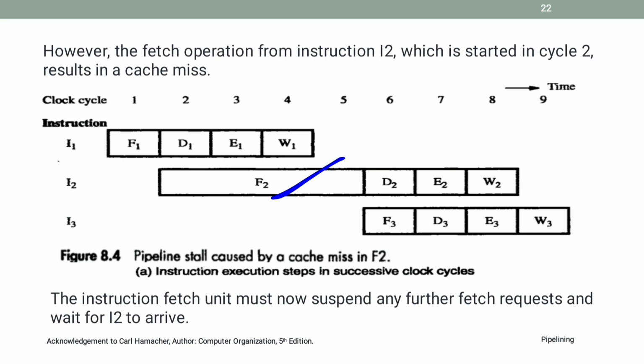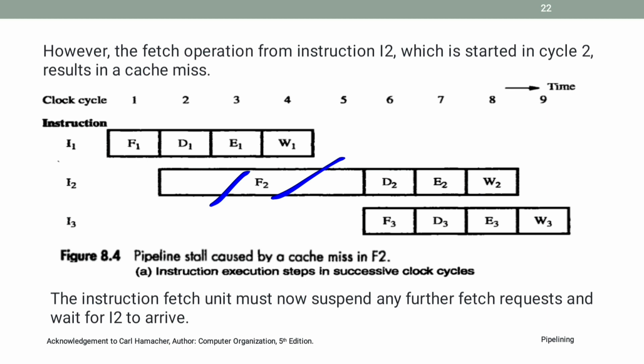Instruction execution steps in successive clock cycles. Pipeline stall caused by a cache miss in F2. Means an instruction was being fetched from the cache memory. Because it is not copied from the main memory into the cache, at that time it is not available, due to which non-availability of the instruction happens and fetch phase in the pipeline stalls, prolongs, or it has to wait till it is fetched.